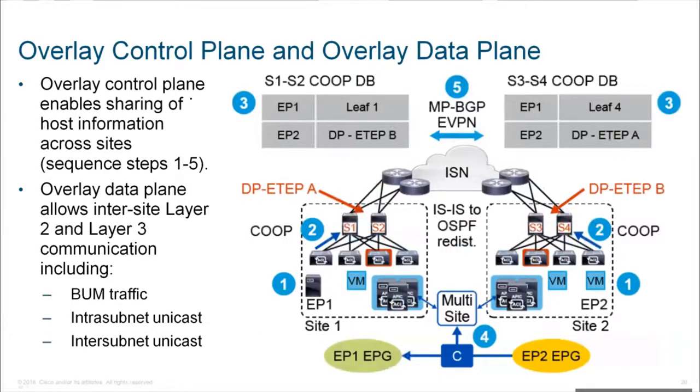So you can kind of see how they have this information in the table populated. You actually see that you have an endpoint, it's learned in the COOP database, right? Endpoint sends traffic, local station table, then it sends it to the spine, COOP database, and then it exchanges.